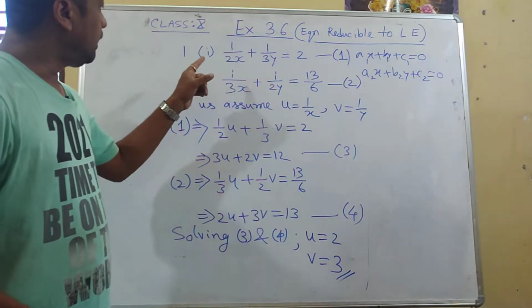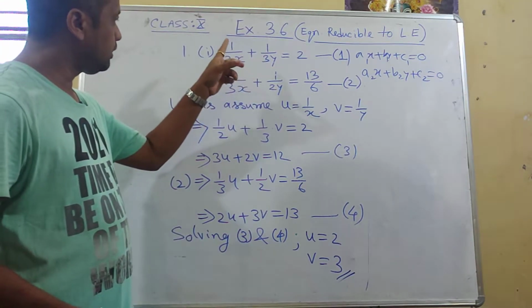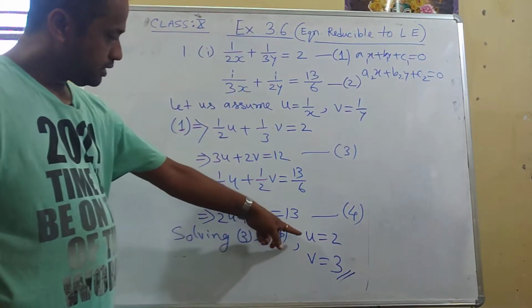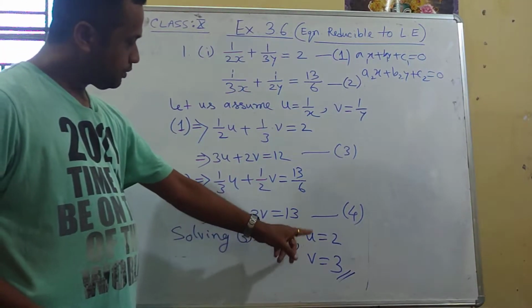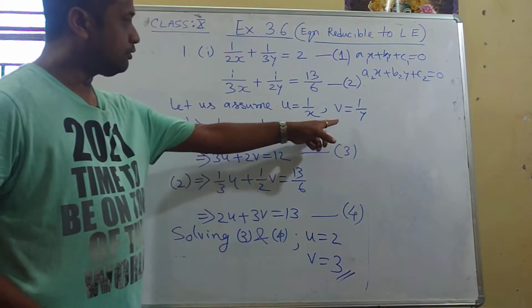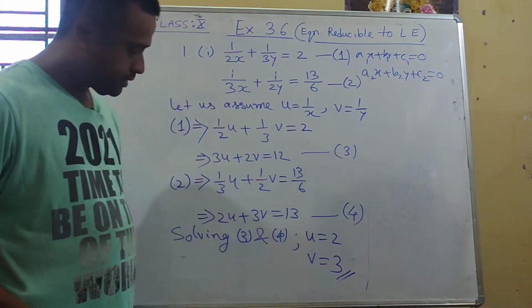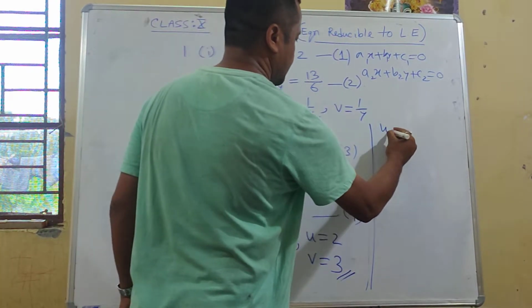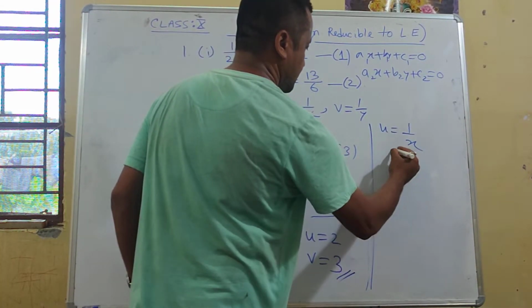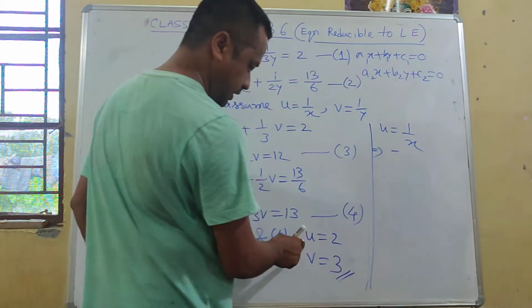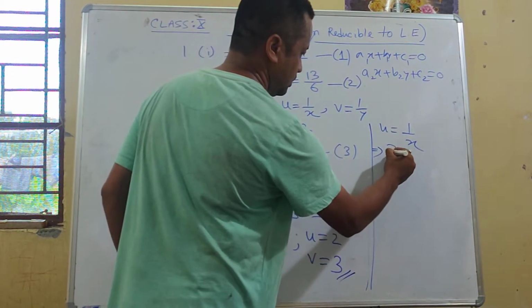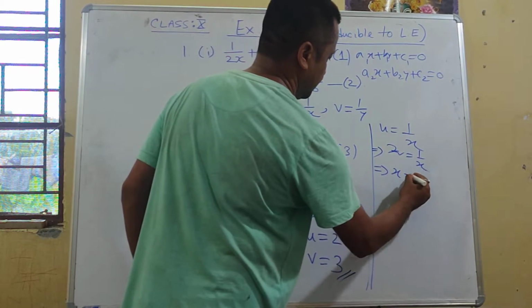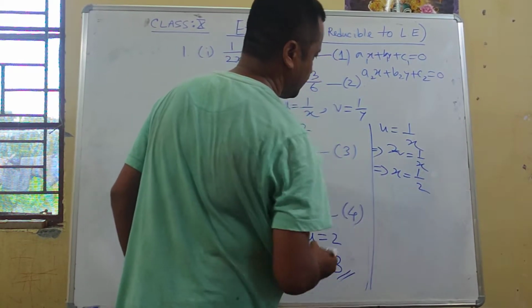But in the original equations the variables are x and y, and we have assumed 1 by x is equal to u and 1 by y is equal to v. These are dummy variables. So u is equal to 1 by x implies 2 is equal to 1 by x, so x is equal to 1 by 2.